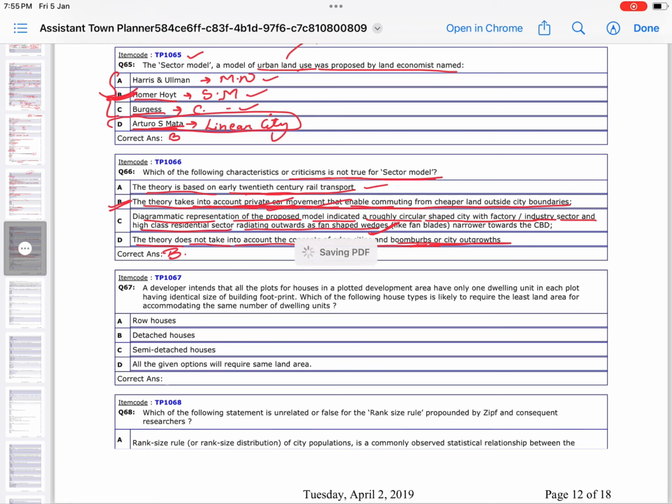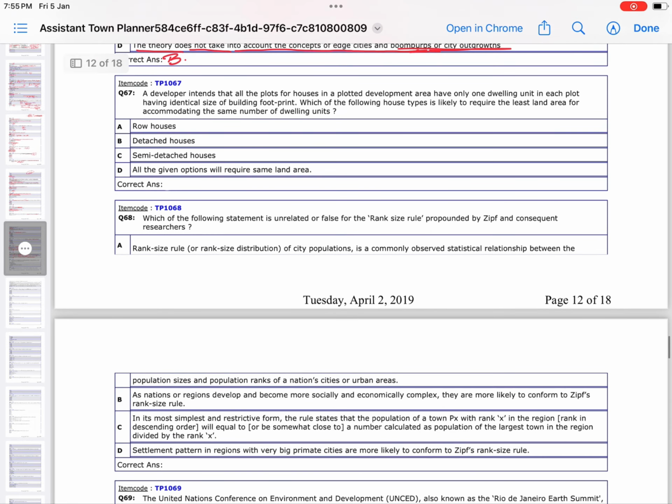Question number 67. A developer intends that all the plots for houses in a plotted development area have only one dwelling unit in each plot, having identical size of building footprint. Which of the following house types is likely to acquire the least land area?